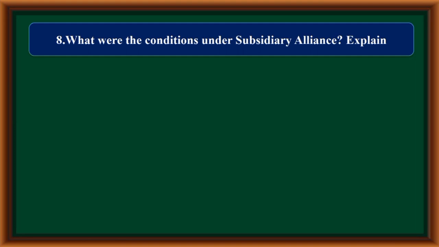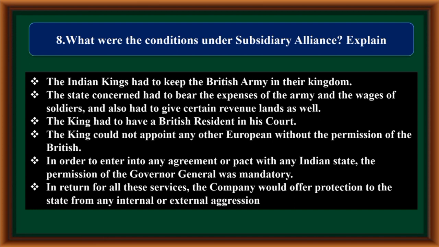What were the conditions under the subsidiary alliance? Explain. The Indian kings had to keep the British army in their kingdom. The state concerned had to bear the expenses of the army and the wages of soldiers and also had to give certain revenue lands as well. The king had to have a British resident in his court.